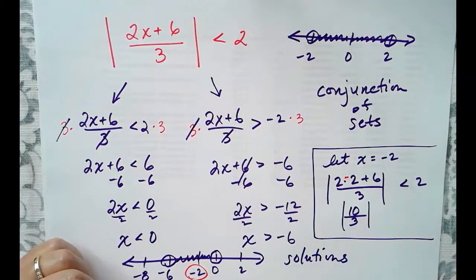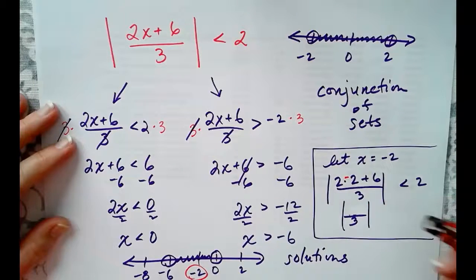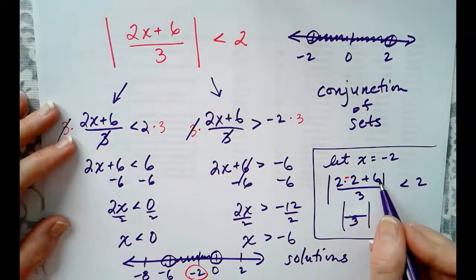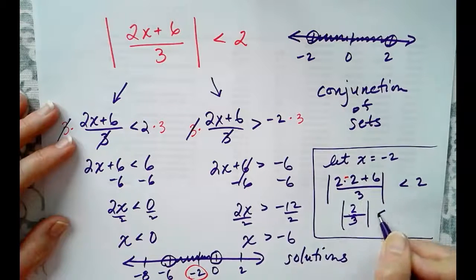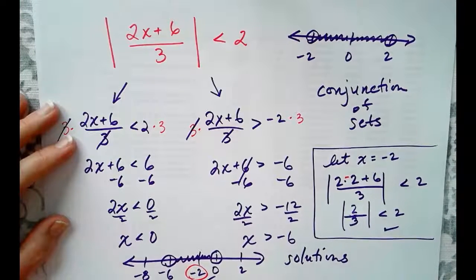I was about to have an error, which would have been tragic, but thankfully I have my handy-dandy correction tape. So 2 times negative 2 is negative 4. Negative 4 plus 6 is 2. And yes, obviously, the absolute value of 2/3 is less than 2. So it checks. Negative 2 is a solution.